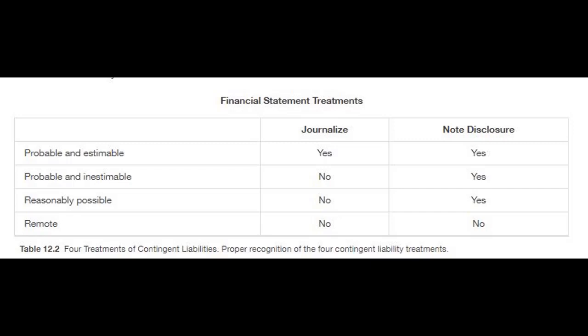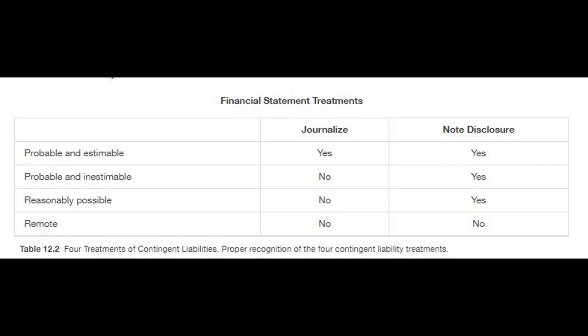In other words, we say that your actual liability, the requirement that you pay, is contingent upon or depends upon the outcome of the lawsuit. Well then, is it a liability or not? Do you record it as a transaction or not?